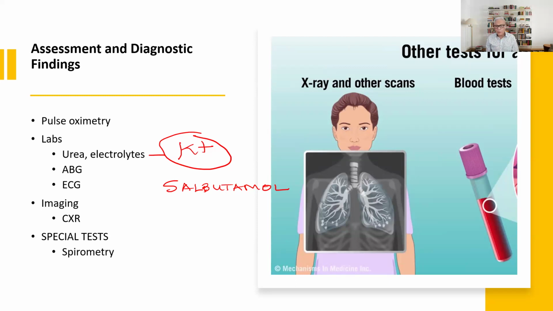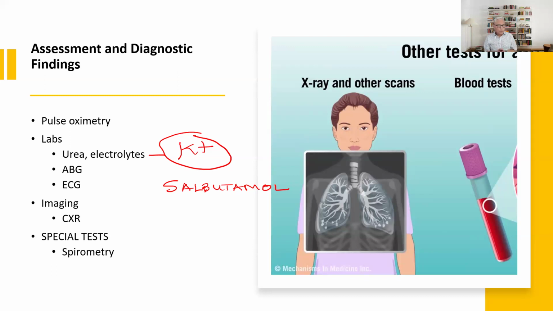An ECG usually will reveal sinus tachycardia, and it could also be a result of drug effects. And then, of course, chest X-ray and other special tests that we could do would include spirometry.